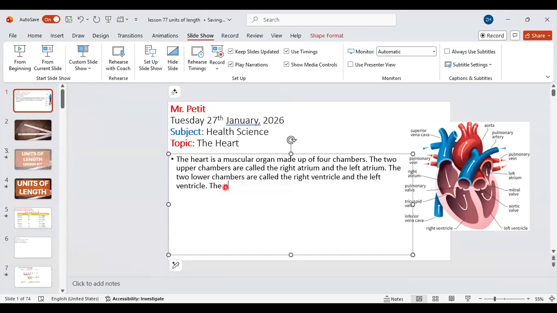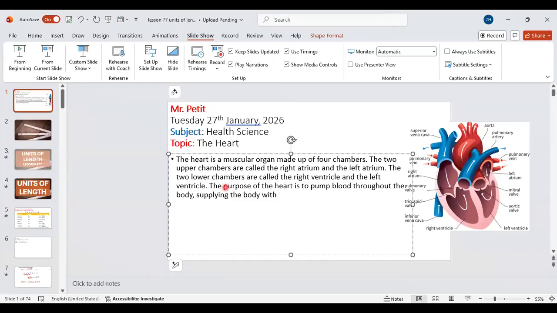The purpose of the heart is to do what? To pump blood throughout the body. Very good, to pump blood throughout the body, supplying the body with, why do we need the blood to go to all the parts of the body? Oxygen. Oxygen, very good.